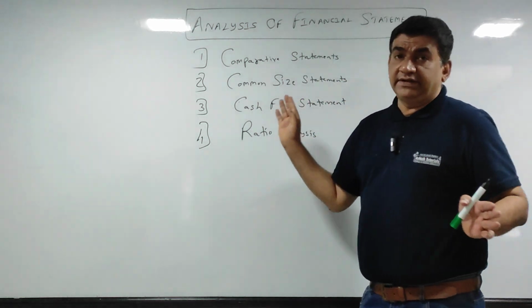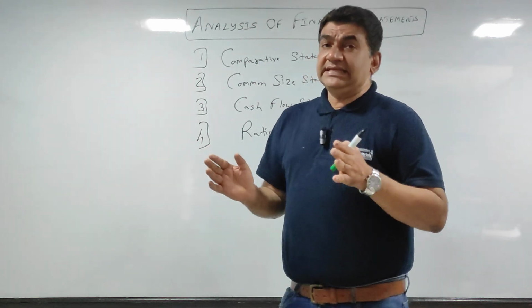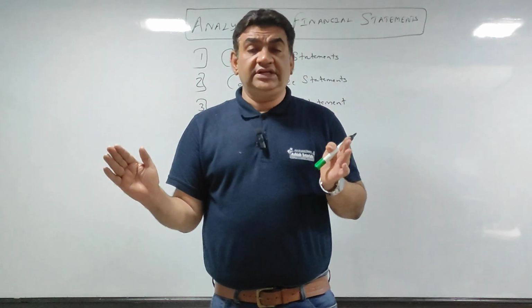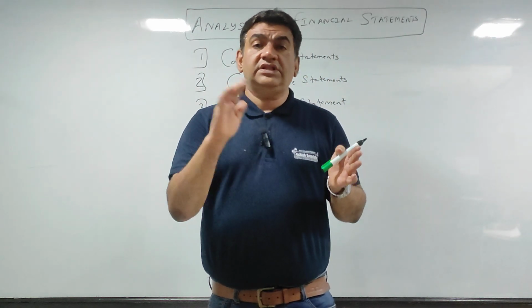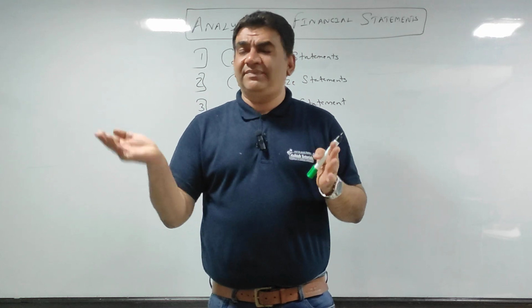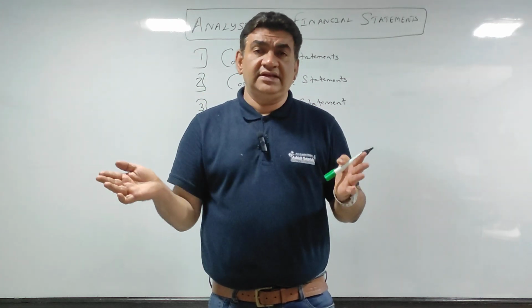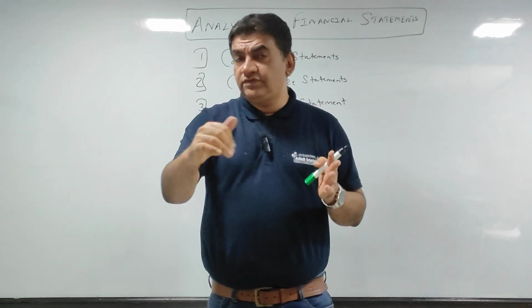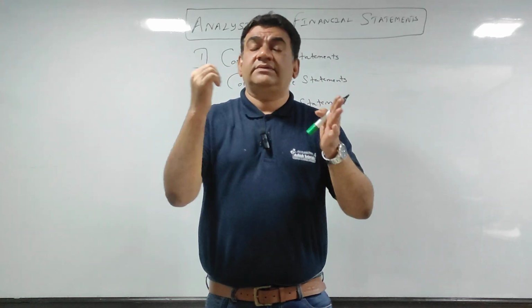When I say comparative, comparative means they will give you 2 years' balance sheet, current year and last year, or they will give you 2 years' income statement. Income statement is your trading P&L in a vertical format. What is vertical format? I am coming to it in some time.